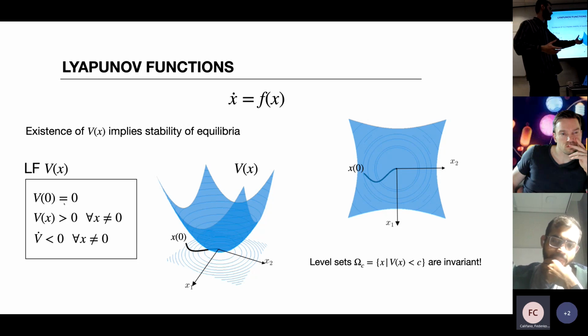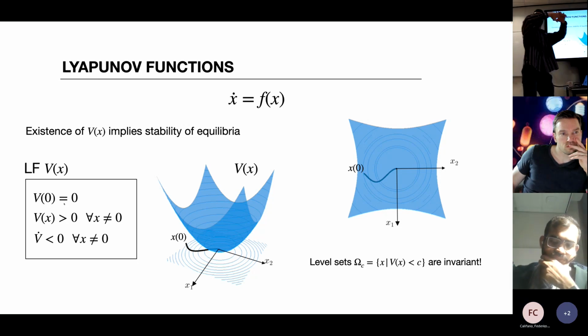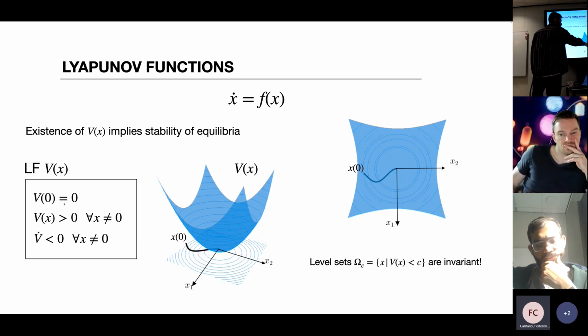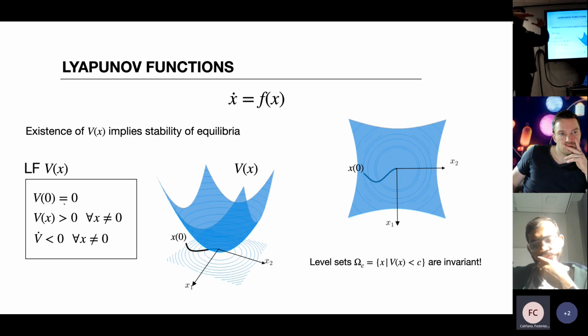The level sets are the sets in the state space such that the image of the Lyapunov function assumes a value less than a constant c. Omega c are all the level sets such that the value of the Lyapunov function is less than c. For such a Lyapunov function, if this is the paraboloid, it means the circles for increasing c's, that goes on.